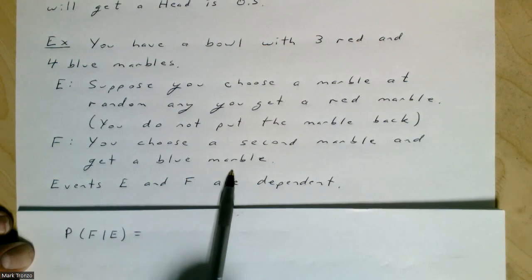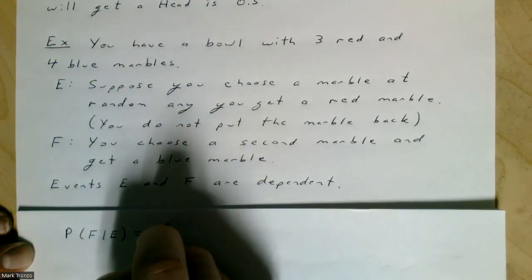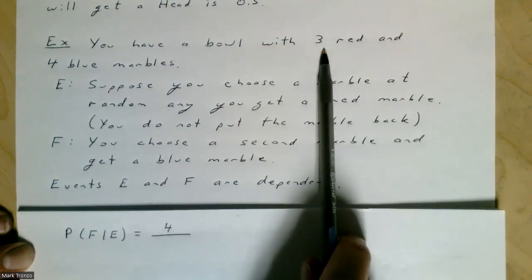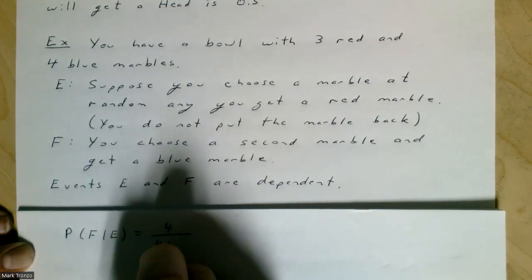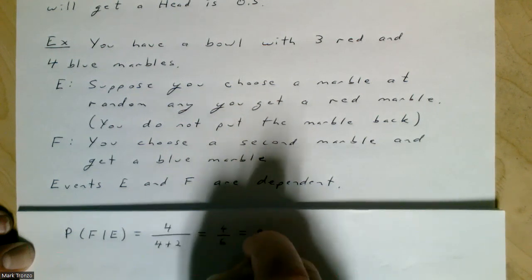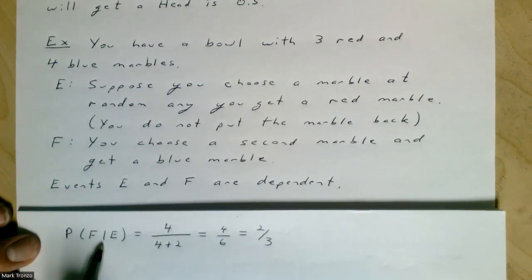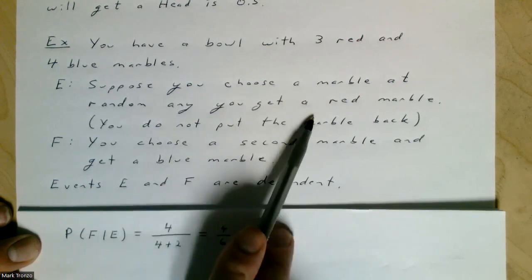Okay, there's 4 blue marbles in the bowl, and you've already taken a red one out. So the probability is going to be 4 divided by 4 plus 2, which is 4/6 or 2/3. So that's the probability of you getting a blue marble on the second try, given that you got a red marble on the first try.